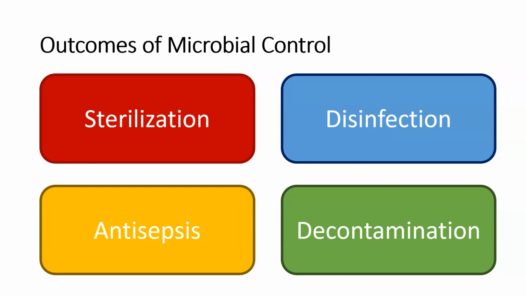There are four major outcomes of microbial control: sterilization, disinfection, antisepsis, and decontamination. These terms can often be confused, and sometimes students will use them interchangeably, but it's very important that you learn the distinctions between these four terms before you move on to our later videos in this module.